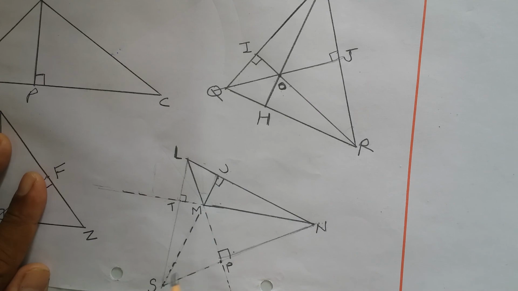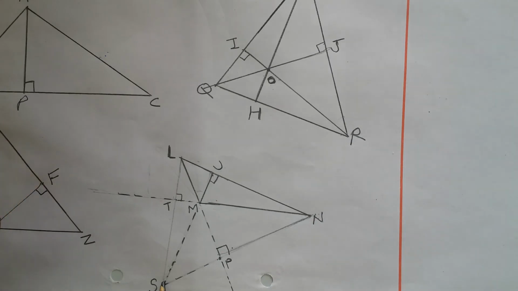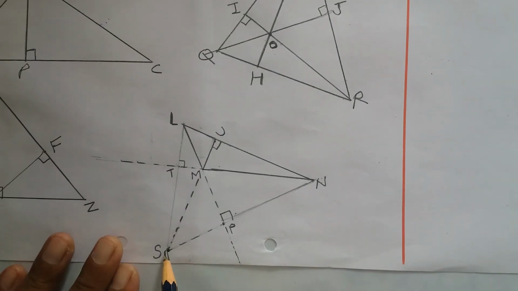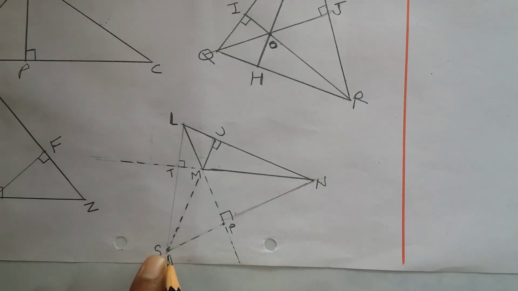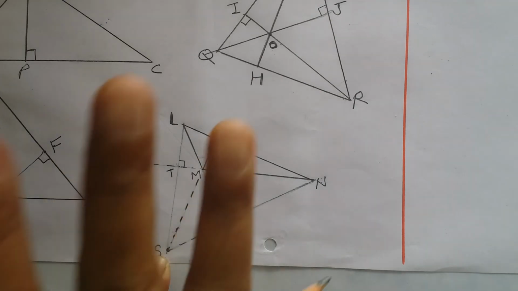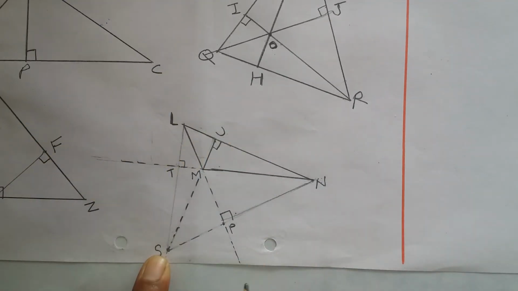Do you see these three altitudes? They meet at point S. So what is S? S is the orthocenter, the point of concurrence of the three altitudes of this obtuse angle triangle.